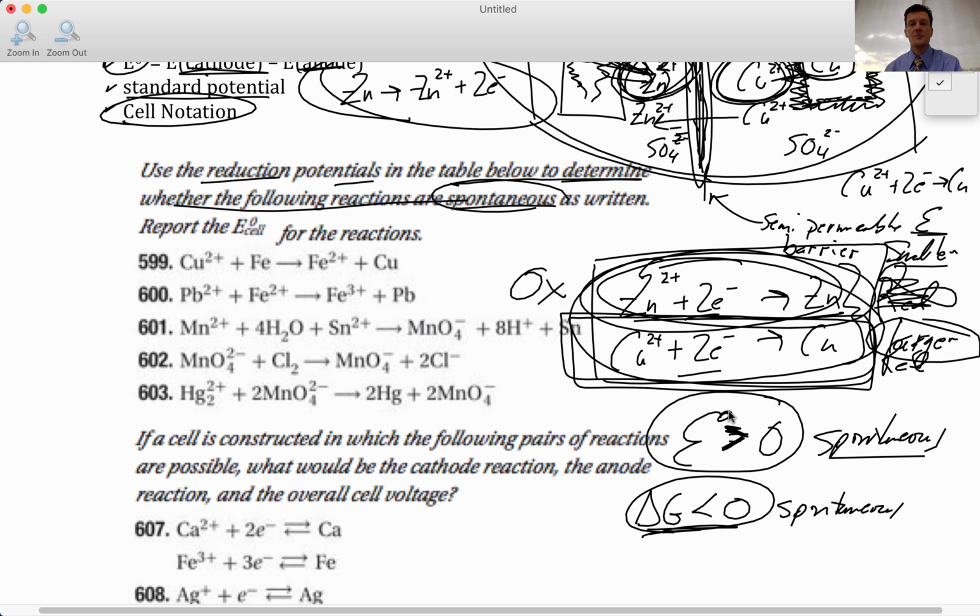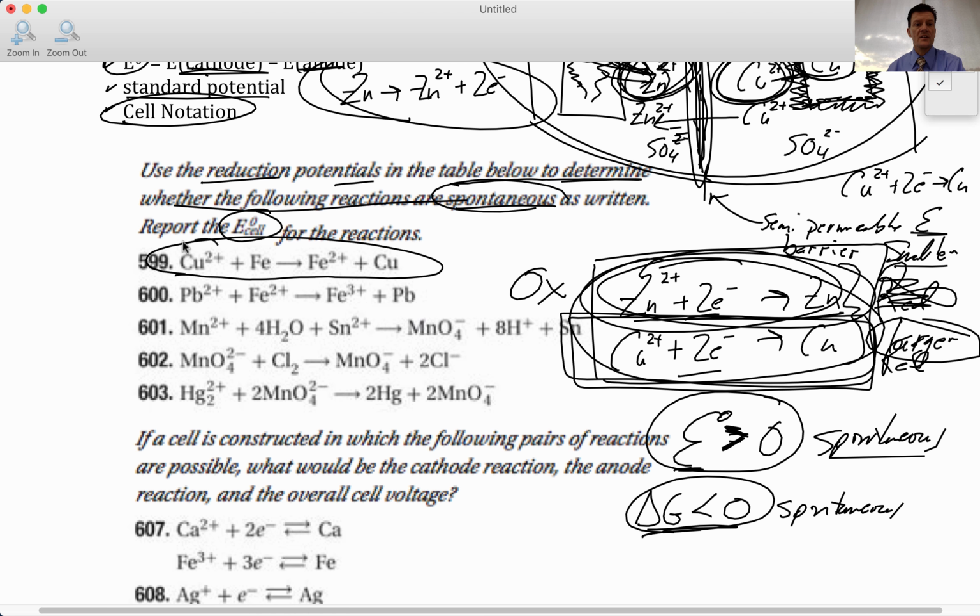But E cell talks about the push behind the electrons in the electrochemical reaction. If E cell is positive, that means there is a push behind those electrons, and the electrons will flow from left to right. So you look at this and ask, is there going to be a positive E cell? Well, you look at the setup here.